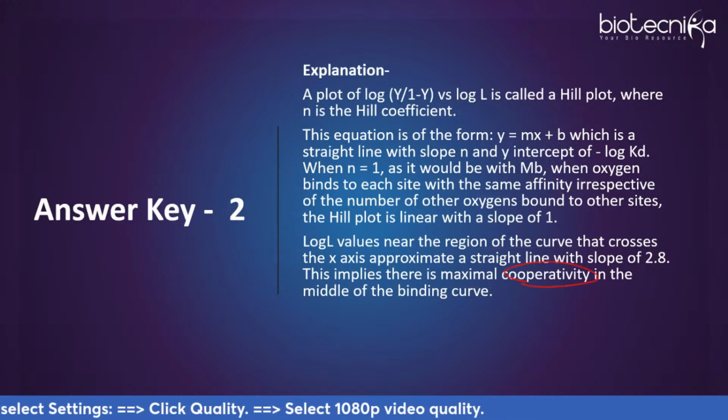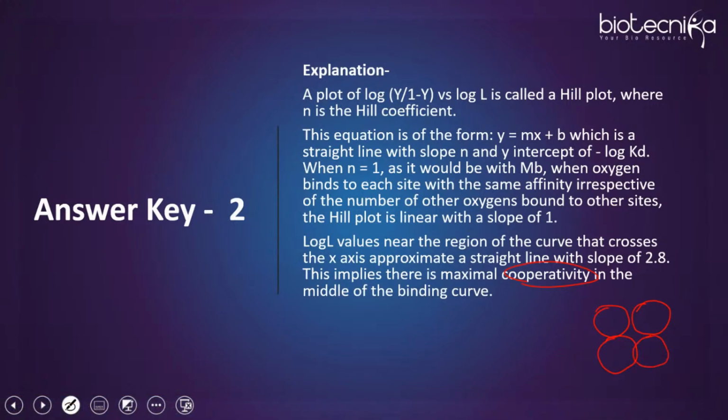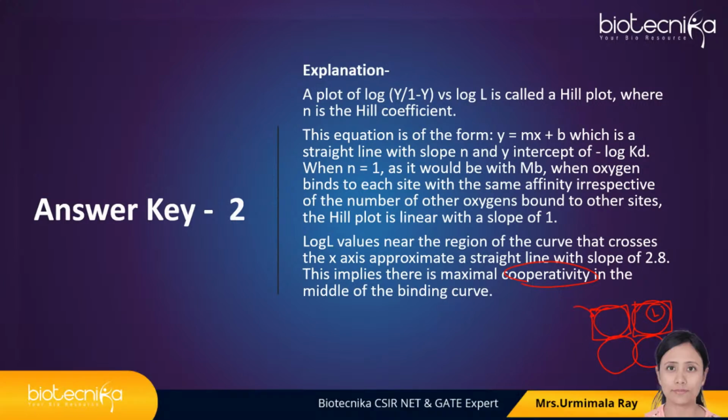So what is cooperativity? Let's say hemoglobin. Hemoglobin will be having 4 subunits. Now when a ligand binds on one subunit, first of all, this subunit will undergo some changes. Because of that, there will be a change even in the other subunit such that the ligand binding will become easier. Since these subunits are connected with each other, it's a quaternary structure.